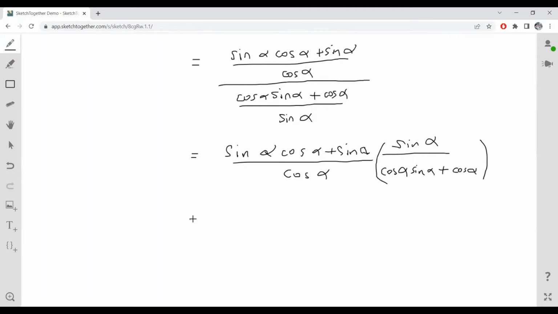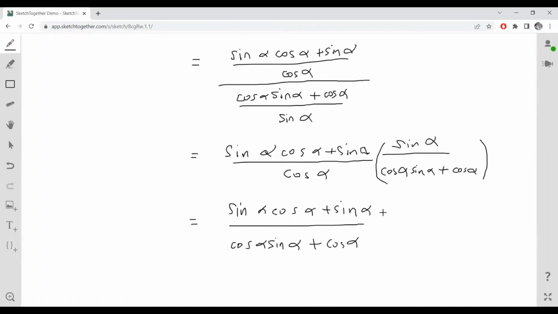Okay, now we realize that we have a sine alpha divided by cosine alpha, so that's tangent alpha. So we can rewrite this like this. This all over cosine alpha times sine alpha plus cosine alpha, and multiplied by sine over cosine, which is tangent alpha.